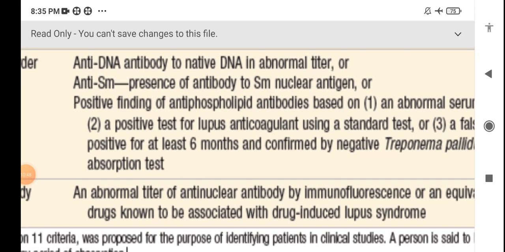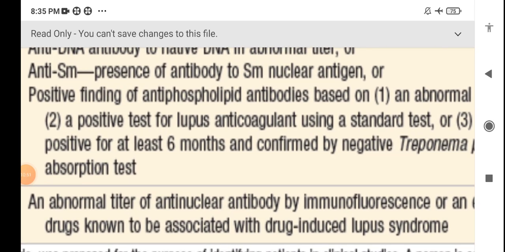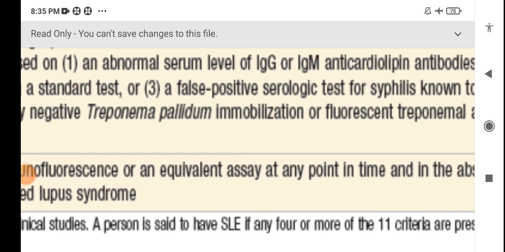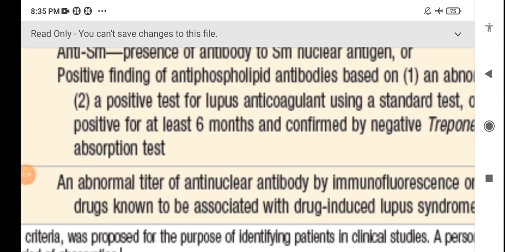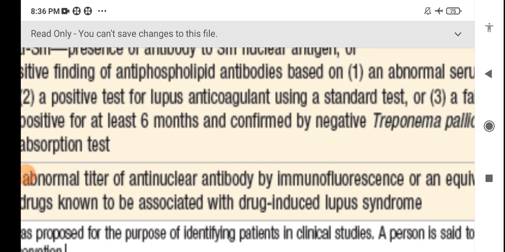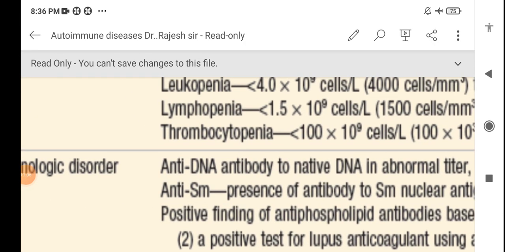This is very important. Anti-nuclear antibodies: an abnormal titer of anti-nuclear antibodies by immunofluorescence or an equivalent assay at any point in time and in the absence of drugs known to be associated with drug-induced lupus syndrome.